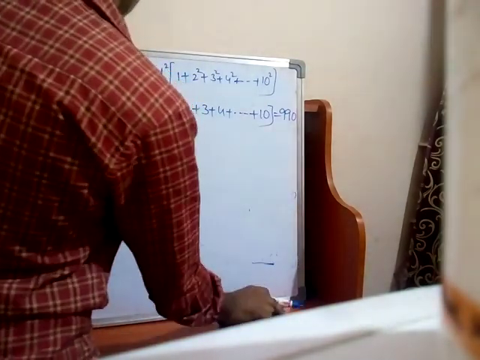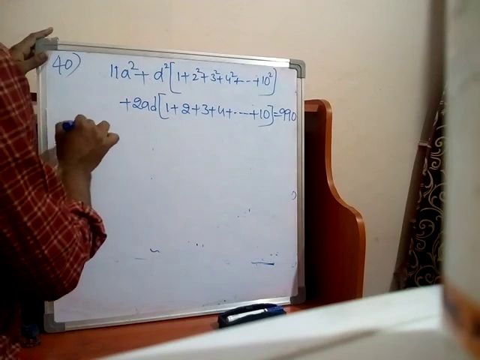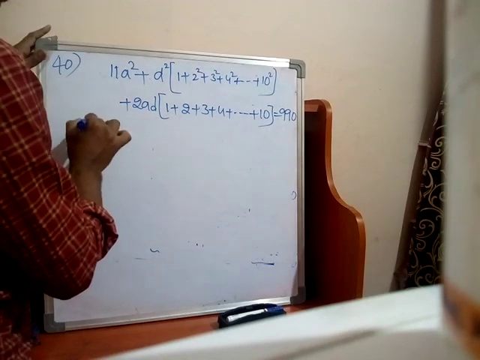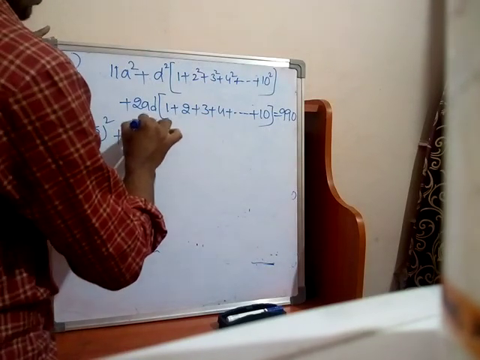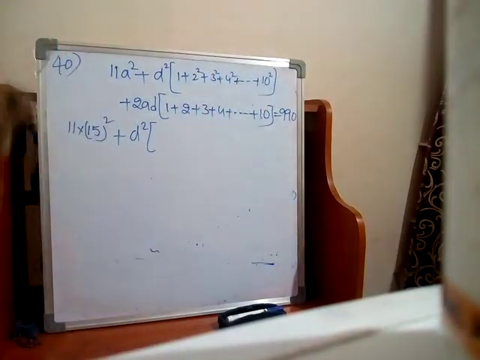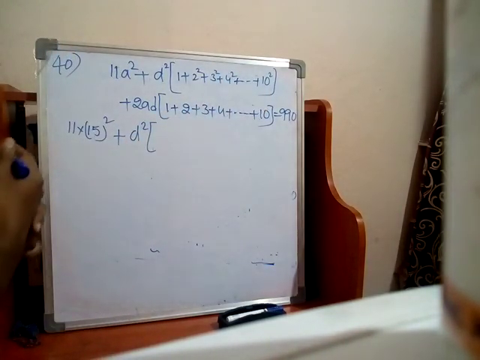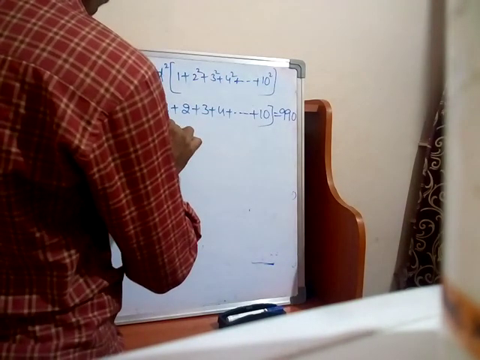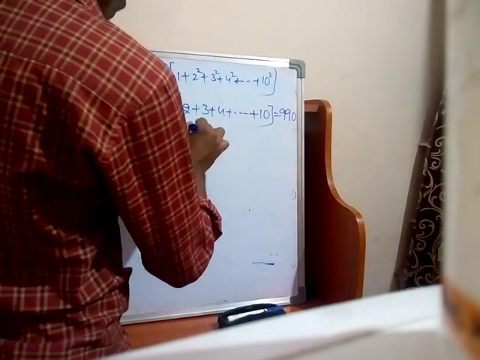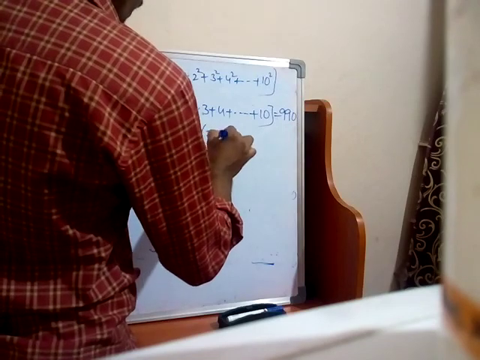So here 11 into, what is a value? 15 given, 15 square plus d square into, already you know it, one formula.